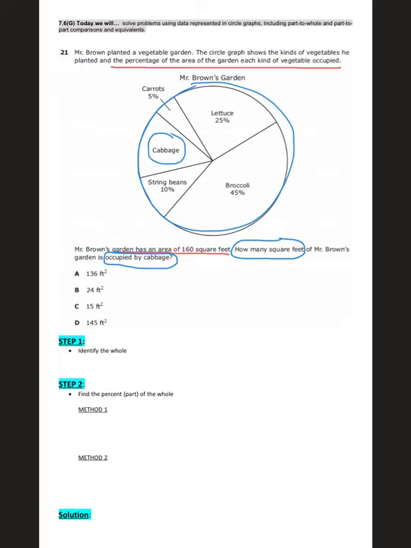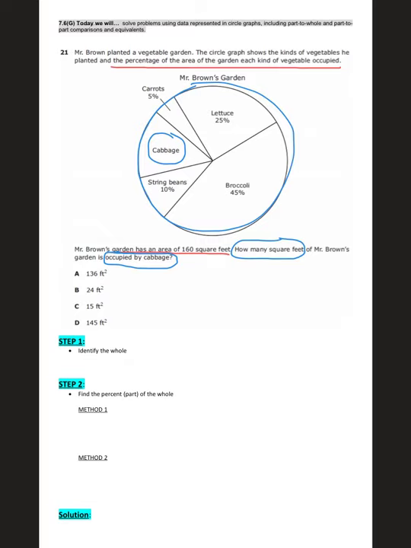Because we don't know the cabbage area compared to the total area of the garden. Now, this particular problem, they give us the percent. We're going to have to find out what value represents those percents. We're going to have to figure out what area cabbage represents.